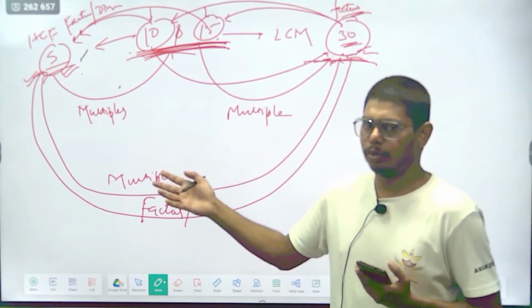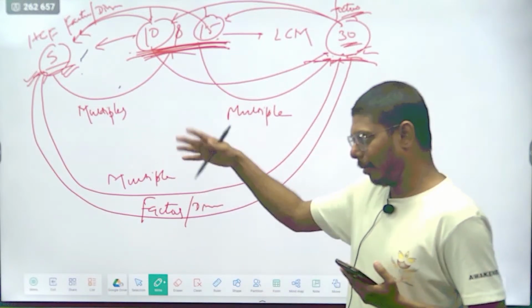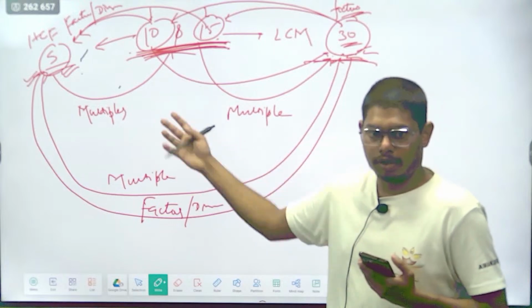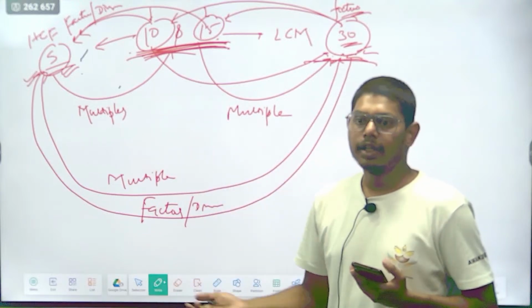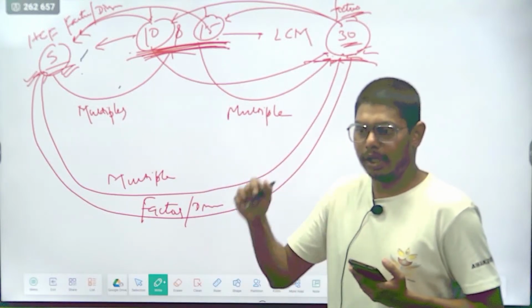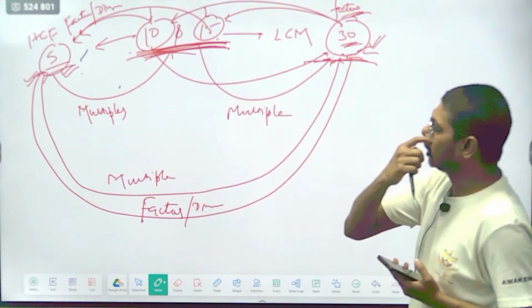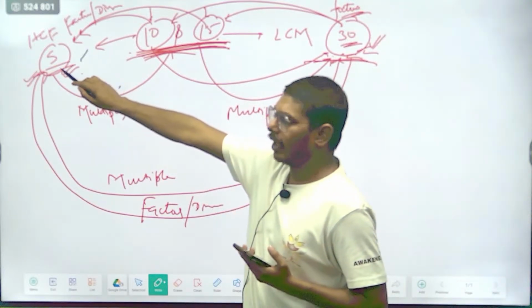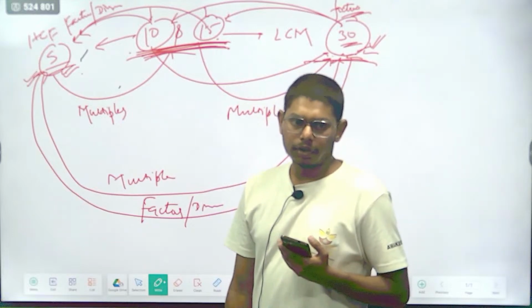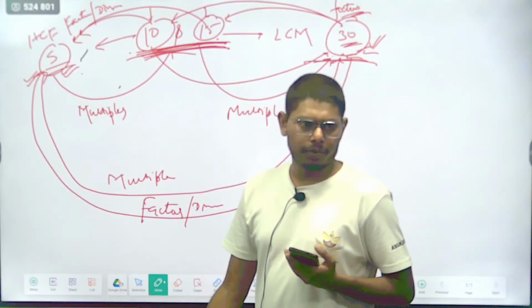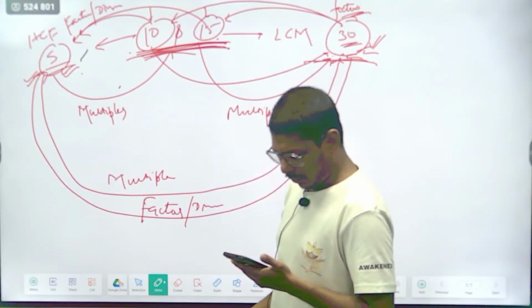You can apply the formula, but they make it so complicated that you eventually cannot. If you know that the LCM is a multiple of the HCF, you will be able to solve it.